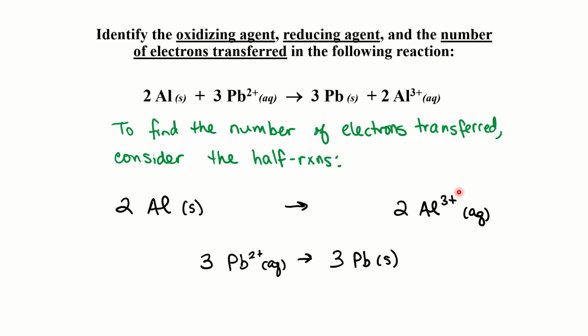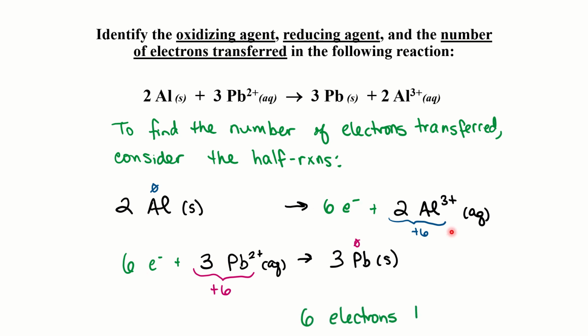On the right side we have a charge of +6. The charge on both sides needs to match. So what do we have to do? We need to add 6 electrons to the right side of that equation to get the charge to balance on both sides. Down below, we have a charge of 0 on the right side and a charge of +6 on the left side, so we need to add 6 electrons to the left side as well, and we can see then that 6 electrons are being transferred.